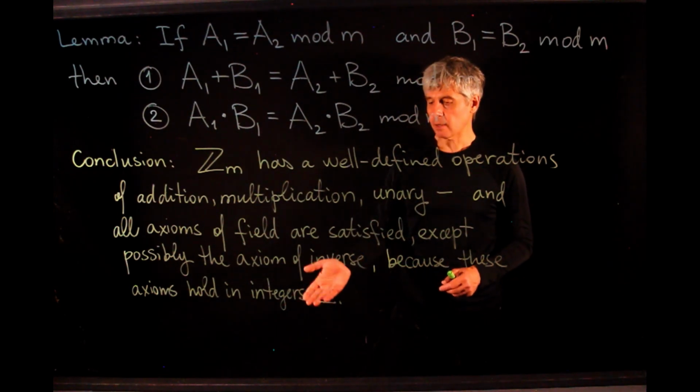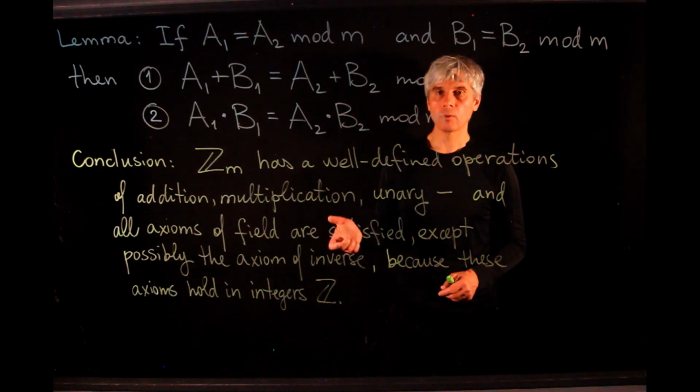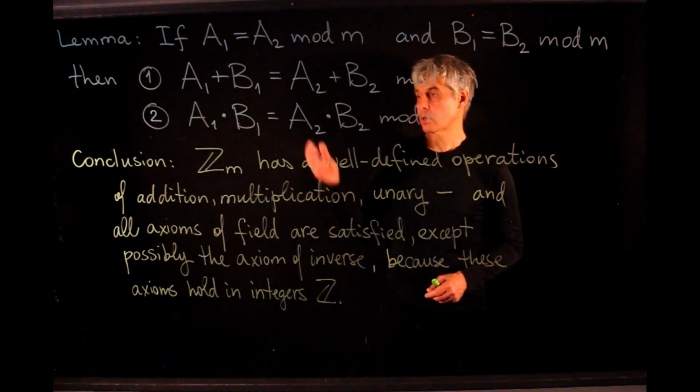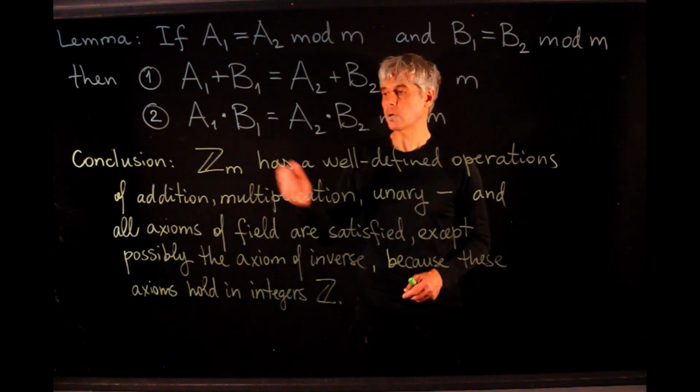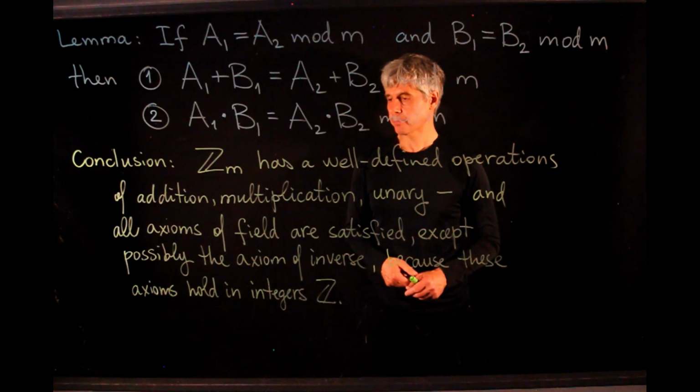And because these axioms, except for the axiom of inverse, all hold in Z, so the result of this computation will be the same for the left-hand side and for the right-hand side.